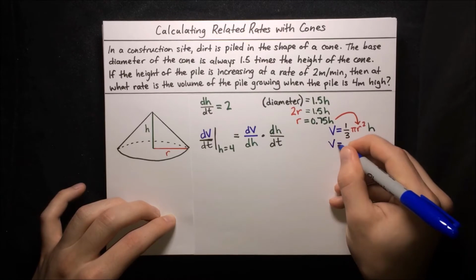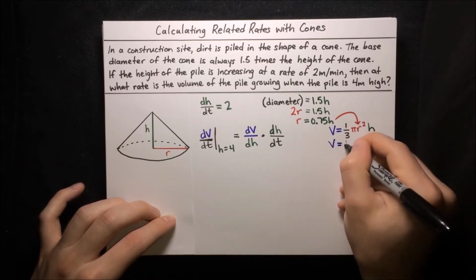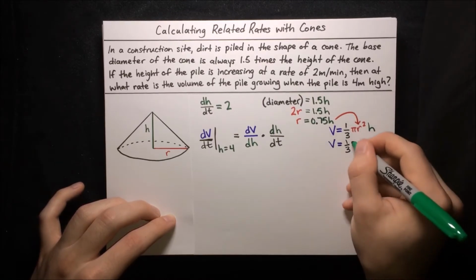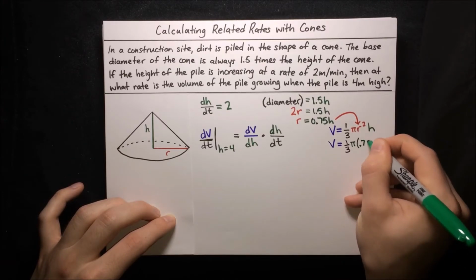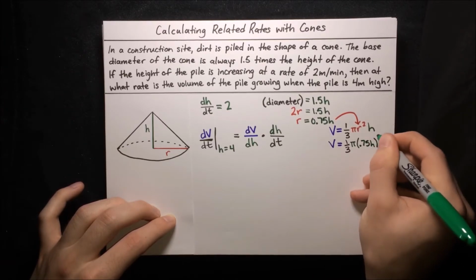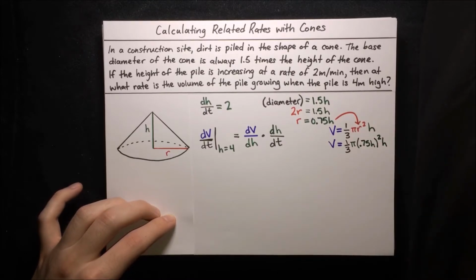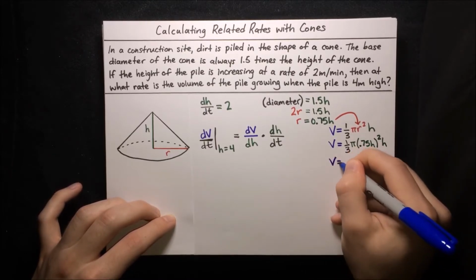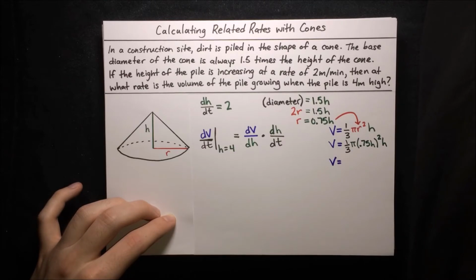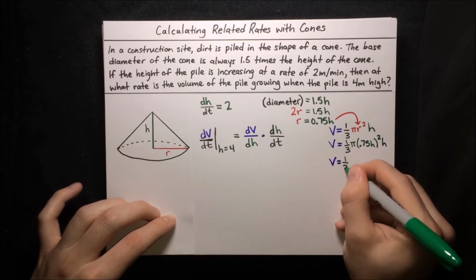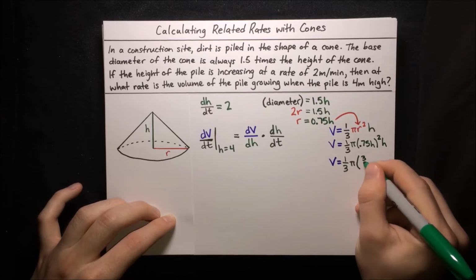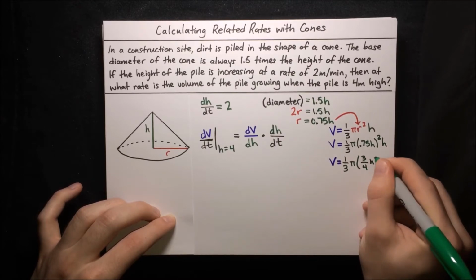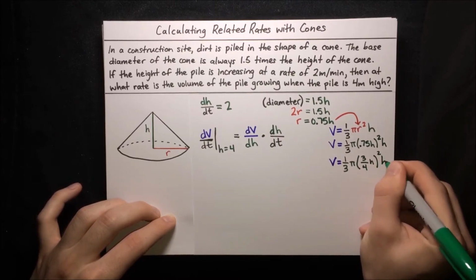So volume is equal to 1/3 pi times 0.75h squared times h. Why don't we actually write this as a fraction to keep it a little bit easier to work with? So volume is equal to 1/3 times pi times 0.75 is just 3/4, that times h, then squared, then times h again.